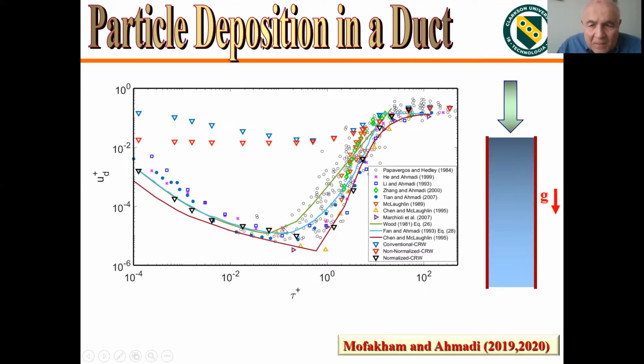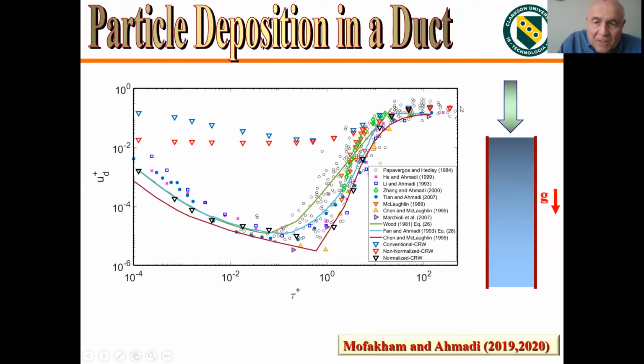The one that I'm going to focus on is if we use the normalized CRW model, which is these graphs here, which shows a very reasonable answer. There are also some DNS results of Marchioli shown here, which seem to be comparable to the normalized CRW model.